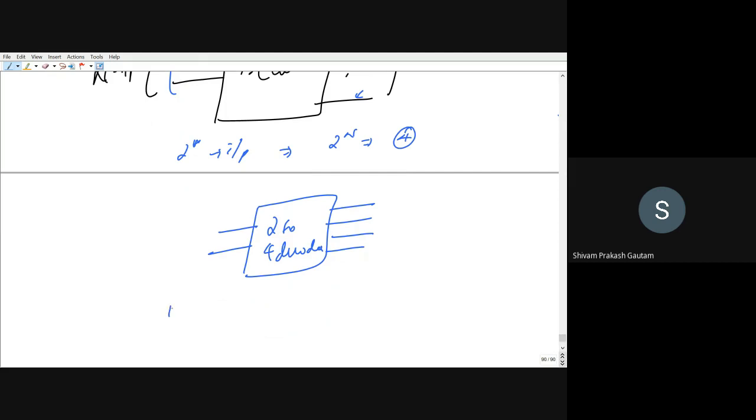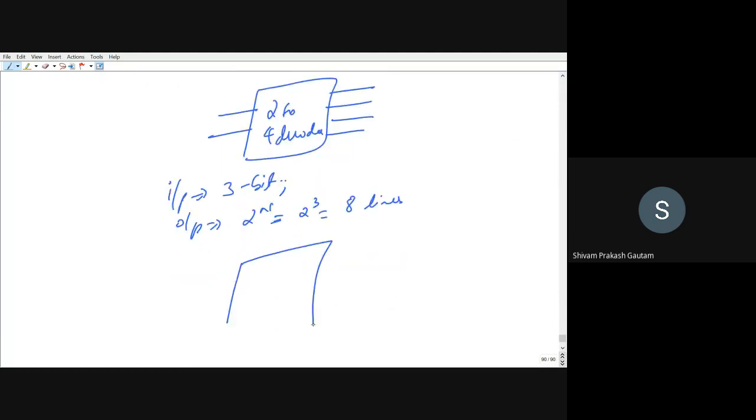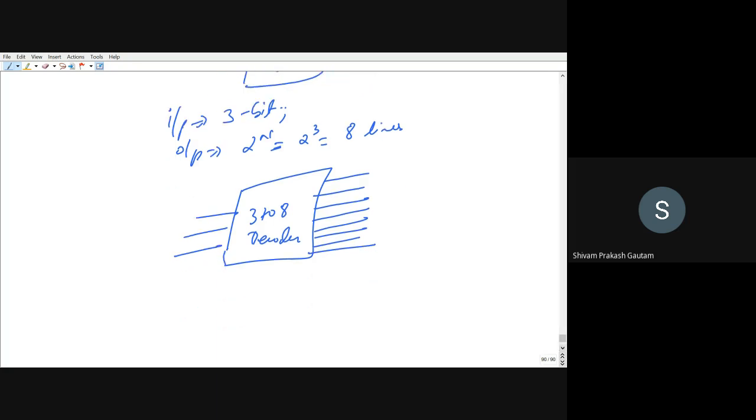Similarly, if input is 3 binary bits, the maximum possible combinations of input is 2 to the power 3, that means 8 lines. So this is called a 3 to 8 decoder, where we are having 3 input lines and 8 output lines, and so on and so forth.